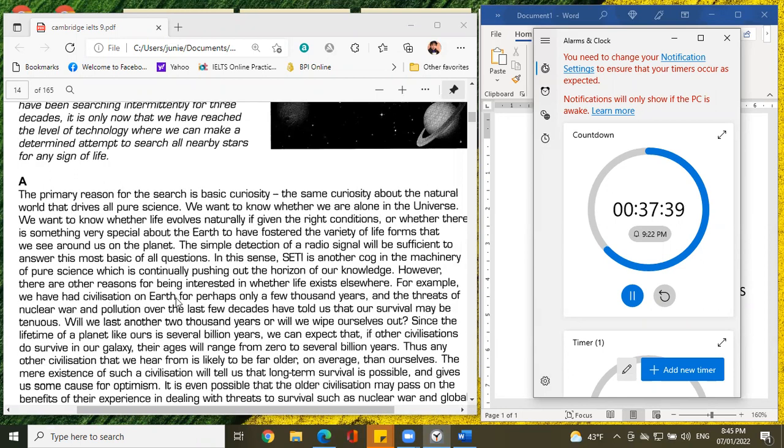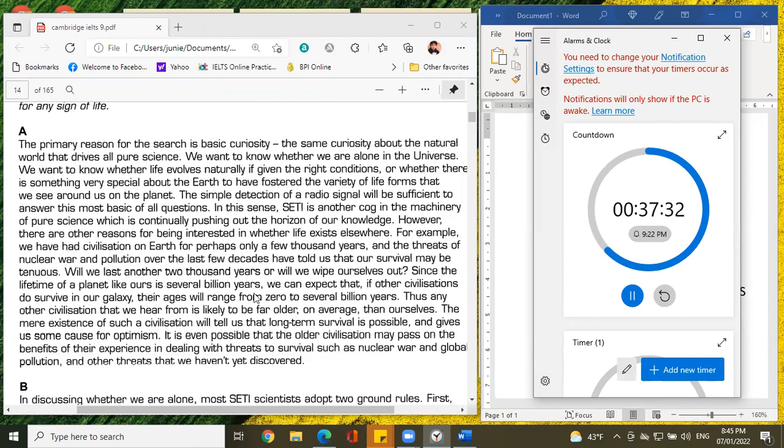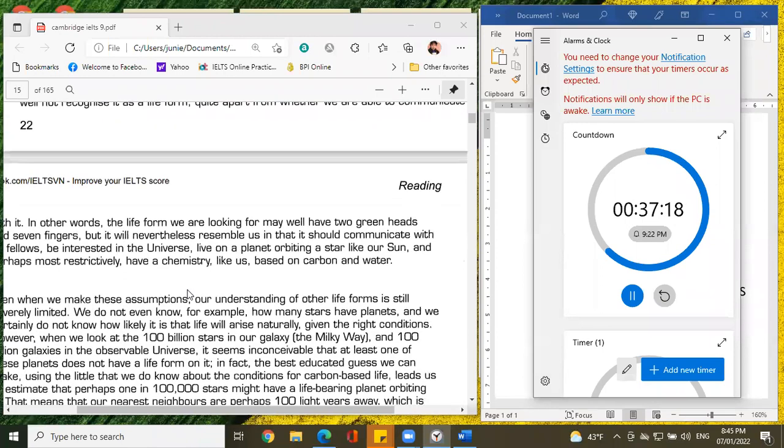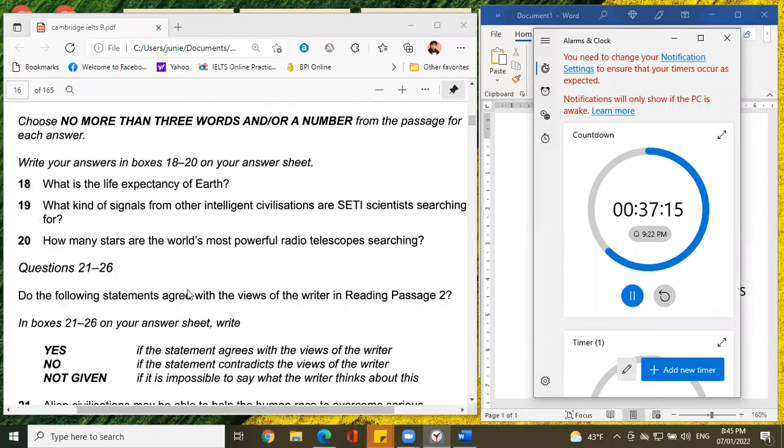We have had civilization on Earth for perhaps only a few thousand years, and the threats of nuclear war and pollution over the last few decades have told us that our survival may be tenuous. Will we last another 2,000 years, or will we wipe ourselves out? Since the lifetime of our planet, like ours, is several billion years. Several billion years is the answer. No more than 3 words. So, several billion years.